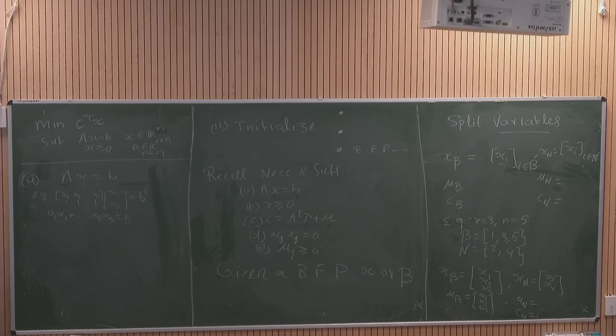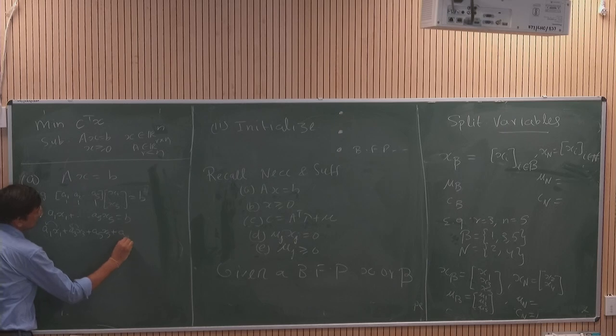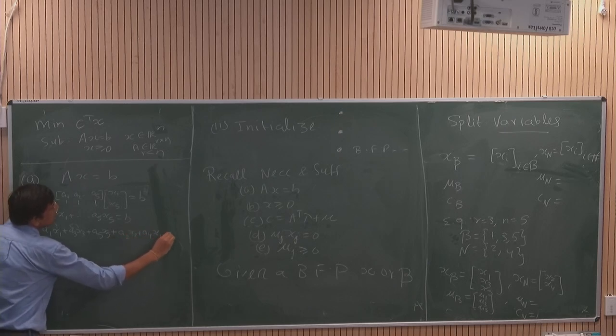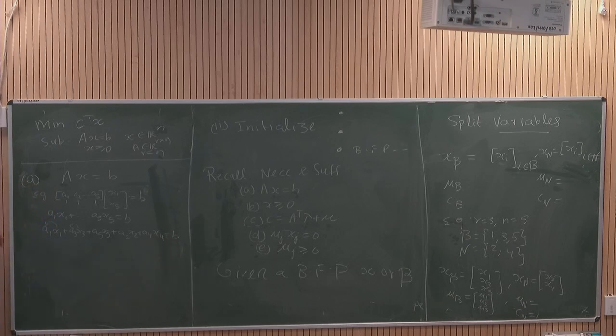Usually I write the row matrices, but this time I am writing the columns. If I write this as A1 x1 plus A3 x3 plus A5 x5 plus A2 x2 plus A4 x4 is equal to b, although ideally I should write the x in front because the scalar is usually in front, then the vector. I've just rearranged the variables. What is this?